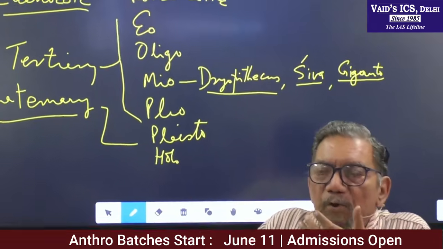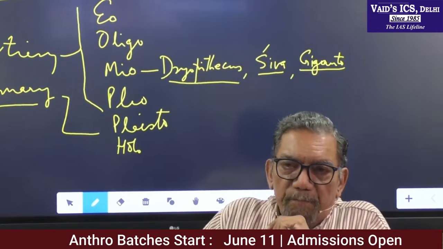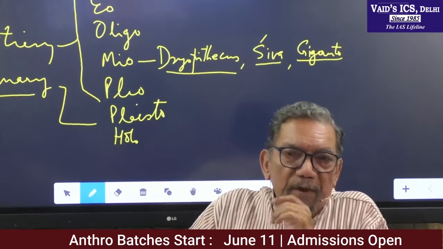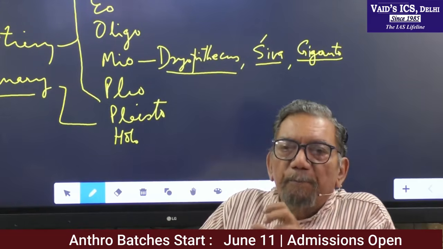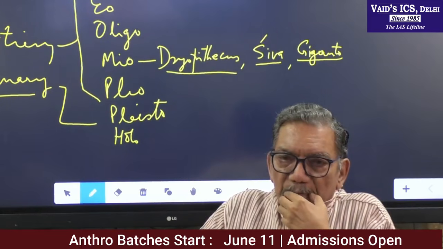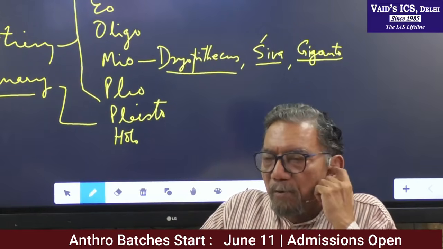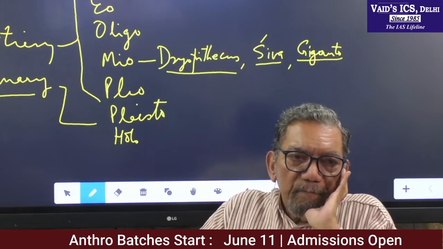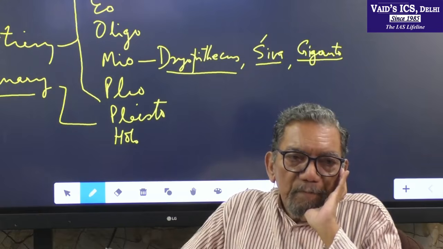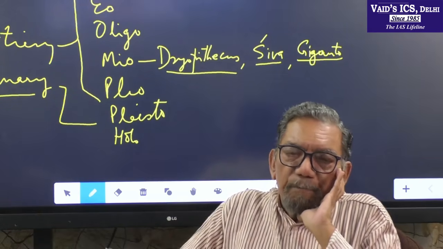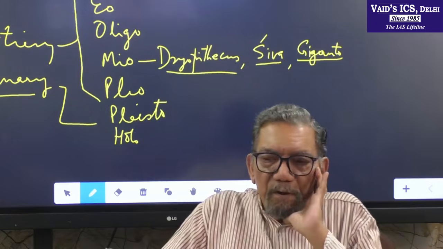Dryo actually means oak tree, and Pithecus means ape. But Dryopithecus we call ape of the forest. Not ape of the oak tree, but ape of forest. Shivapithecus, the ape of Shiva lakes.